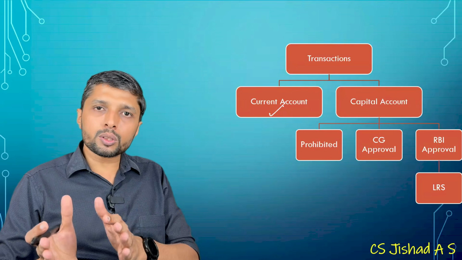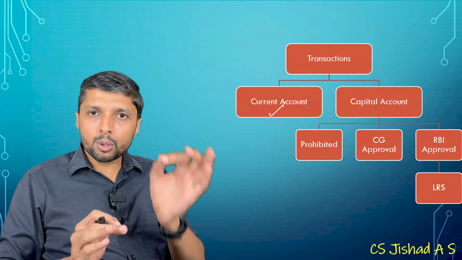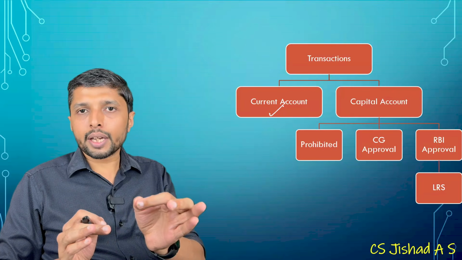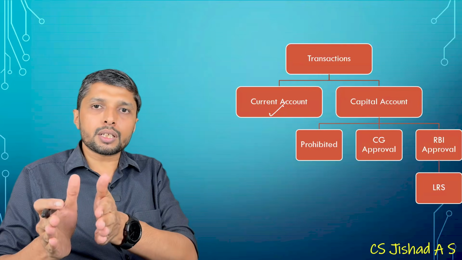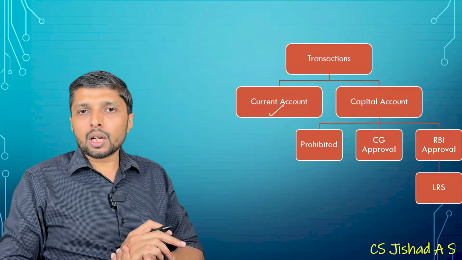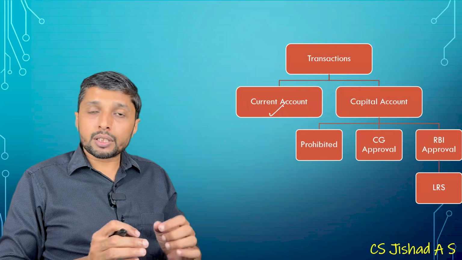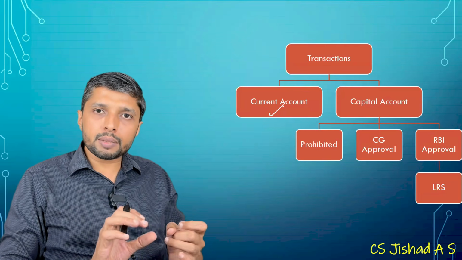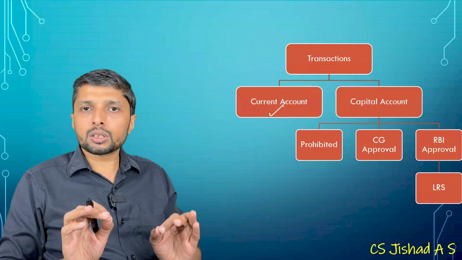So the government introduced the LRS, Liberalized Remittance Scheme, under which up to a certain limit you do not need to get the approval of RBI. If your transaction is beyond that particular limit, you will require approval of RBI, as specified in the Liberalized Remittance Scheme. With respect to individuals, the LRS amount is 250,000 USD in a financial year.